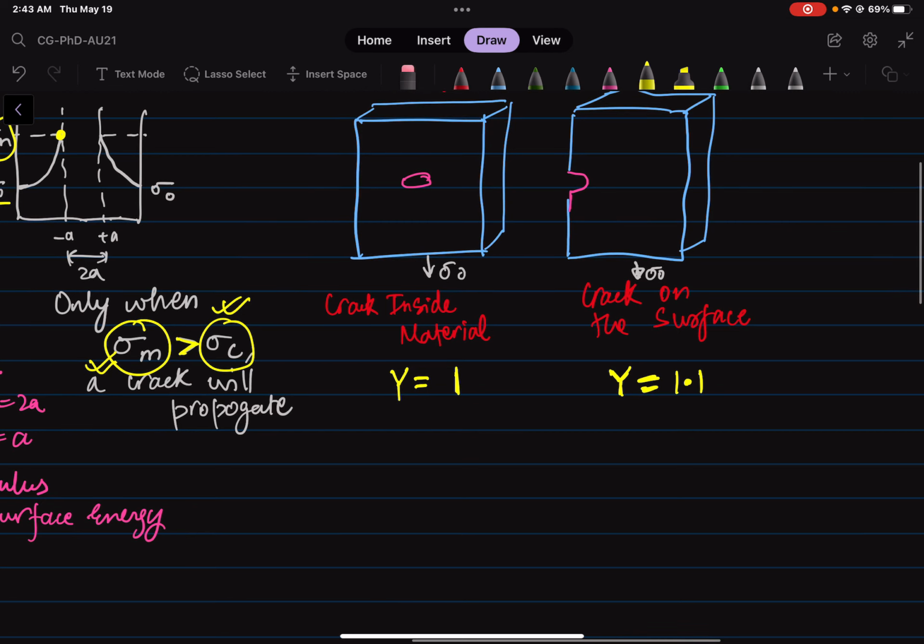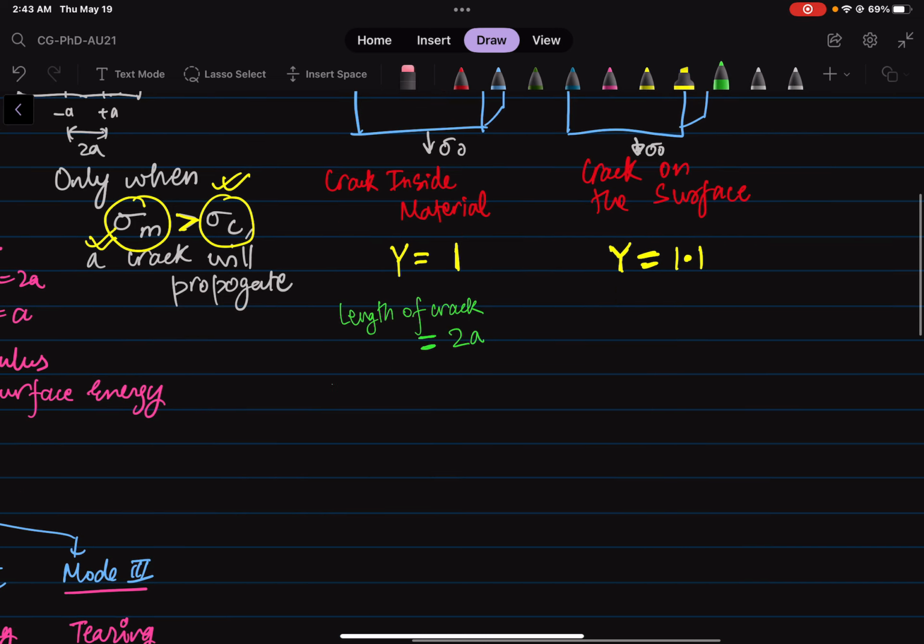And here, when someone tells you that I have, let's say, a crack inside a material of length 1 millimeter, what I'm referring to is that 1 millimeter is equal to 2a in the system.